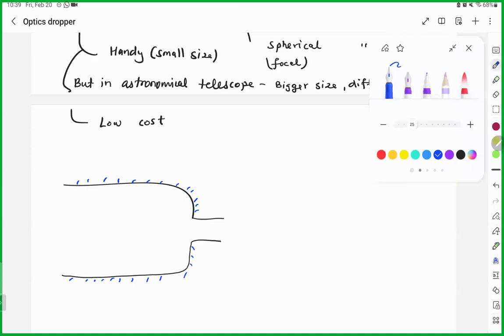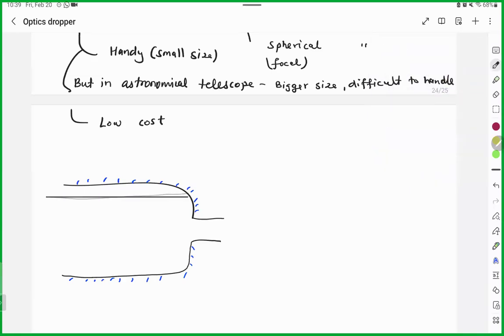For example, if any light enters here, it will enter like this or like this. This is how light is falling. Now, after this reflection, it will move like this. And here you have another mirror like this.